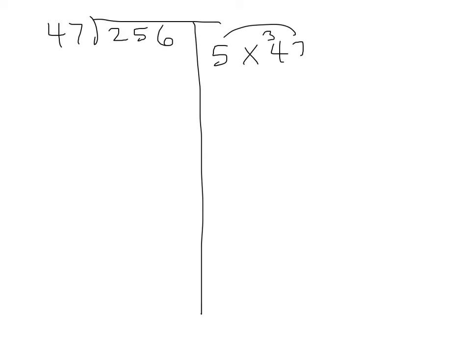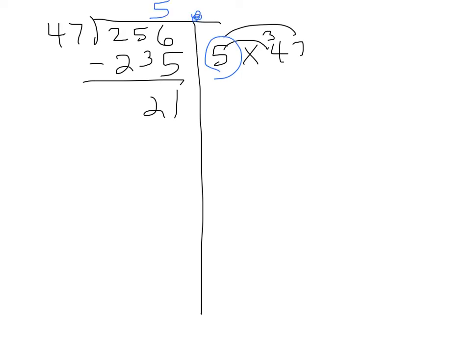That's 235. Subtract, and I get a 21. You'll notice that 21 is less than 47. That means I have reached the end. So my 5 is my whole number, and I include a decimal.